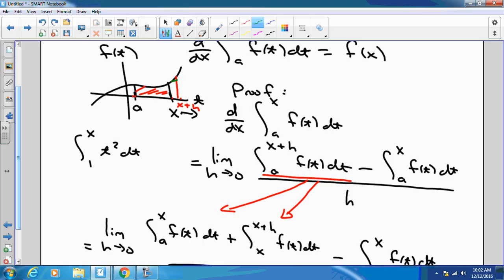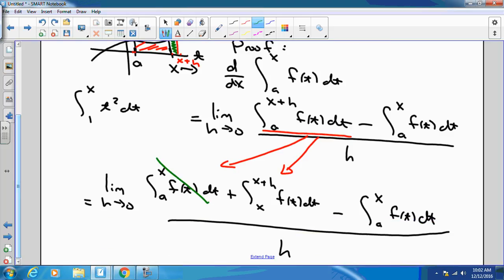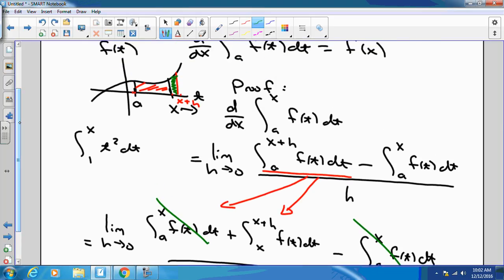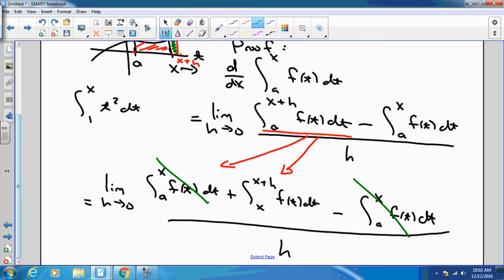And when I do, all of this part right here cancels out, leaving me only with a little tiny thin sliver, which is the integral from x to x plus h. Interesting. Good. Yes. And yeah, that's right. It's going to be 0 as h goes to 0.